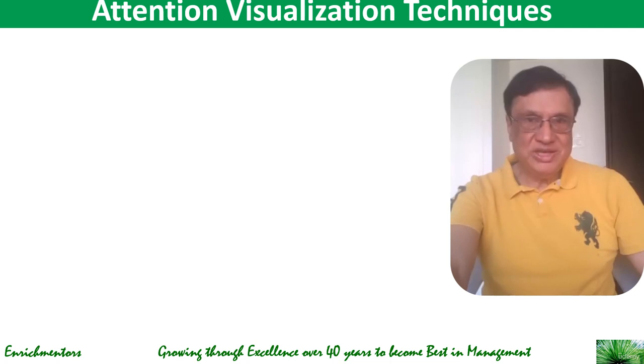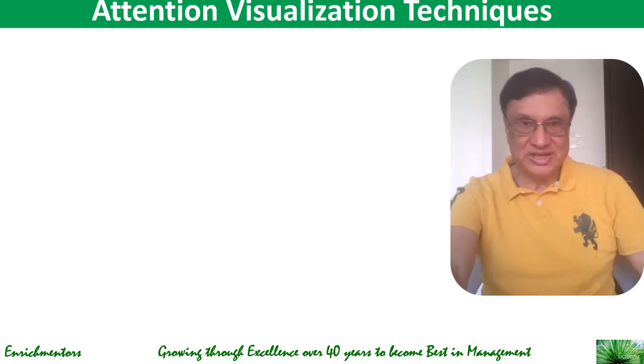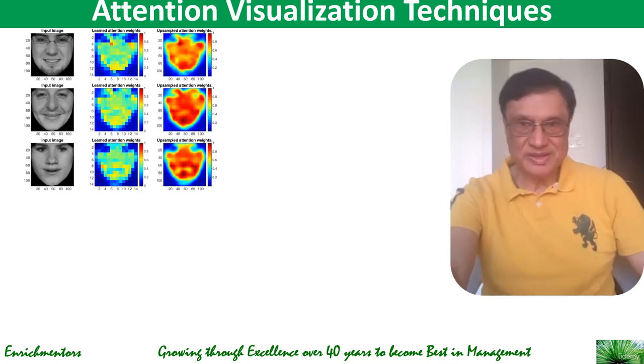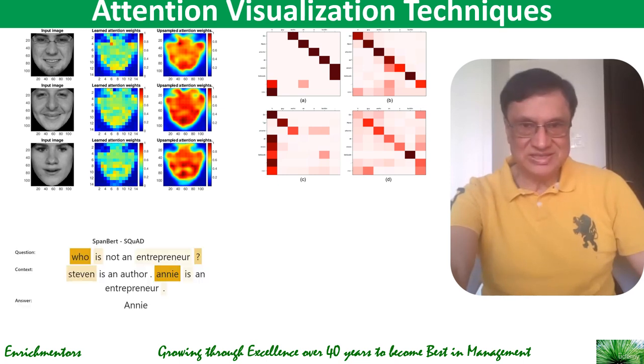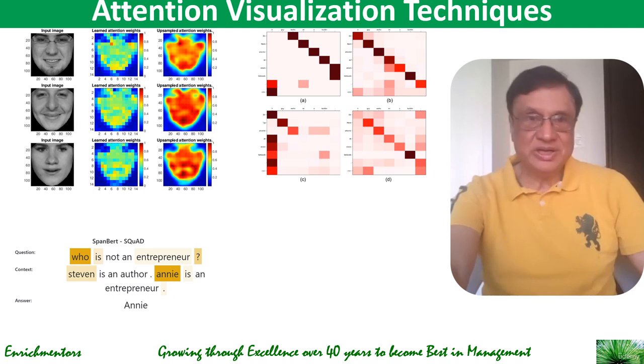So what are the various visualization techniques that you can use? Because we see that using attention, not only the visual attention techniques, but also visualization techniques are important. So there are various visualization techniques such as attention heat maps, attention matrices as you see here, and attention based saliency maps, right? Which can be used to visualize and interpret attention mechanisms in deep learning models.